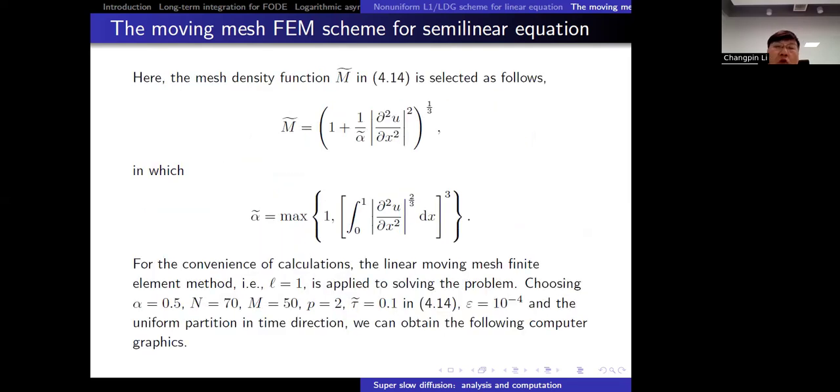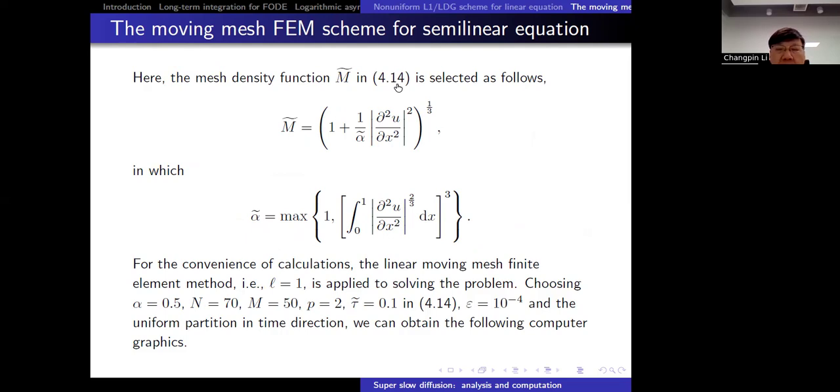Now we need to determine the density function m tilde. Okay, m tilde is given like this, and alpha tilde. Alpha is not the derivative order. It is alpha tilde, the parameter.